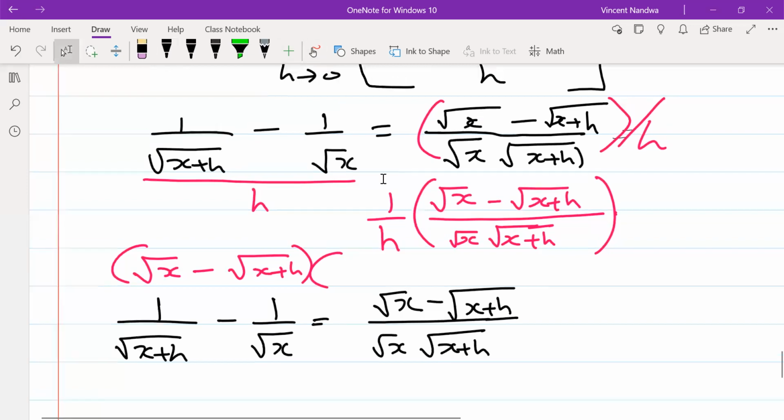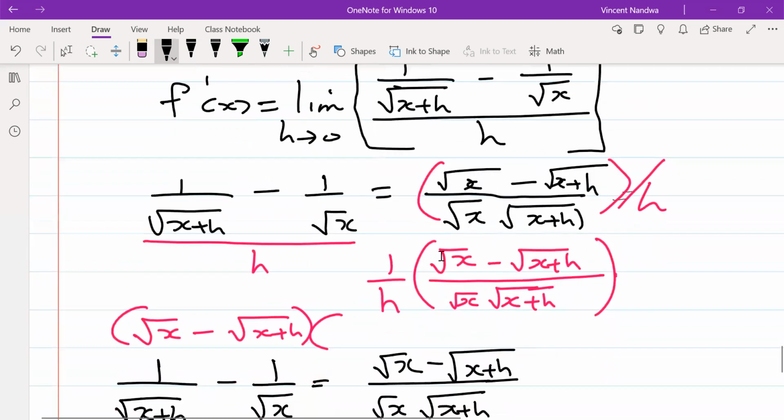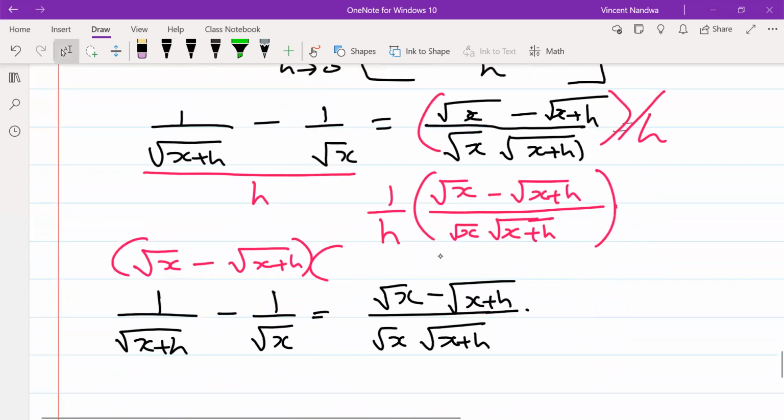Remember, the main reason why we are struggling is because the limit is h approaching 0. If you do direct substitution, we get a 0 in the denominator. So that's what makes us play with this function such that we have a point where h will be canceling out. So if I rationalize the numerator, I only change the sign here.